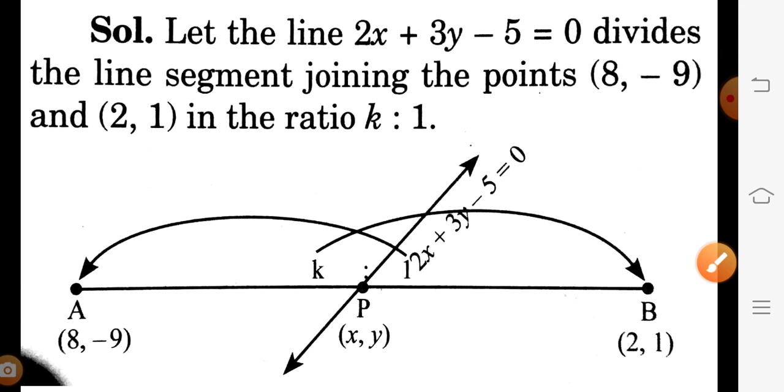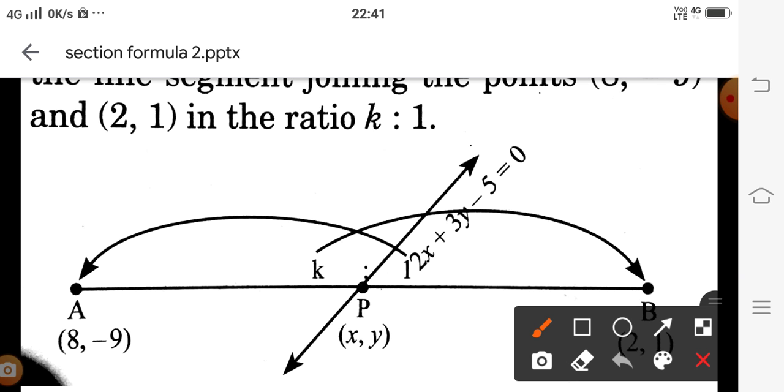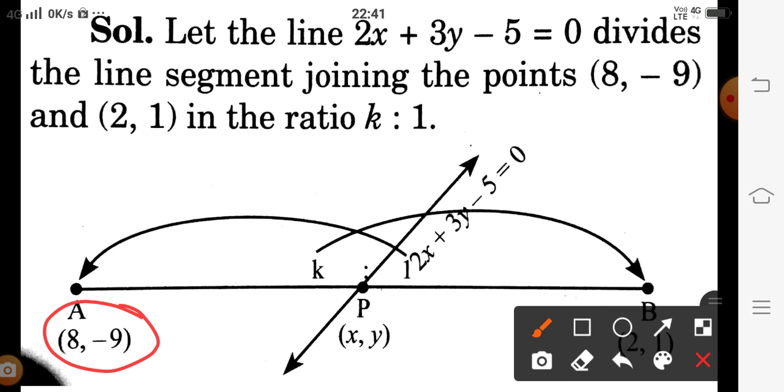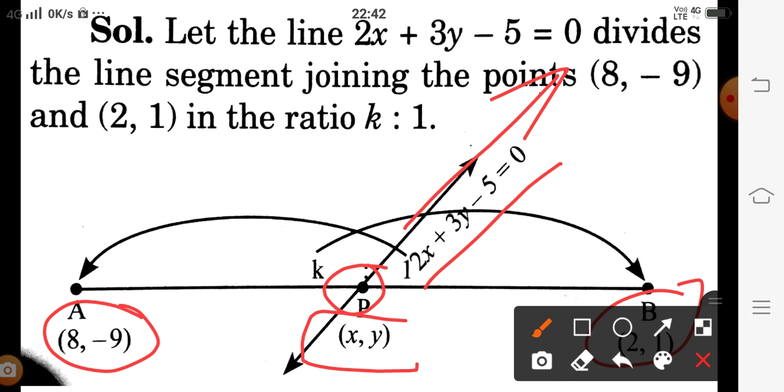Then let us solve this question, and if you observe the diagram, the line segment AB has coordinates (8, -9) and (2, 1), and this point P lies on the line 2x + 3y - 5 = 0. Means this coordinate, if you take P as (x, y), then this coordinate must satisfy the equation.